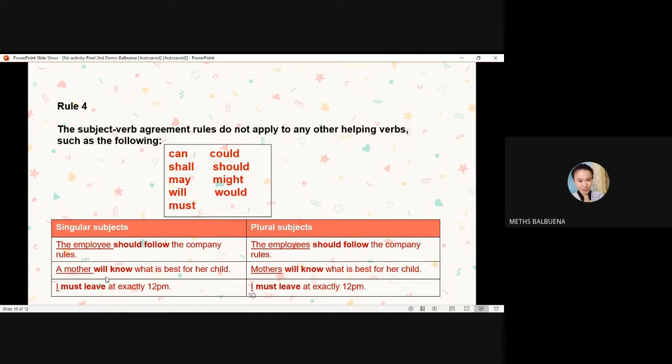And here in singular subjects, "Mother will know what is best for her child," and in plural subjects, "Mothers will know what is best for their child." And here in singular subjects, "I must leave at exactly 12 p.m." And in plural subjects, "We must leave at exactly 12 p.m." So that's it. In rule number four, remember the subject-verb agreement rules do not apply to any other helping verbs such as the following.